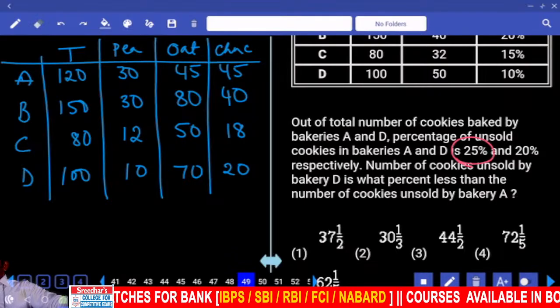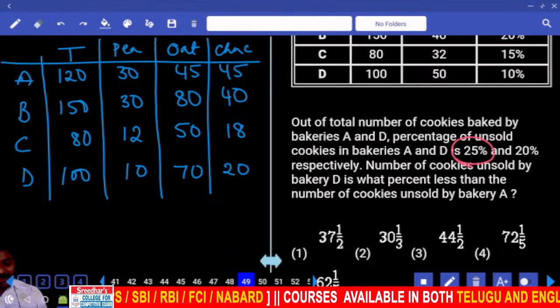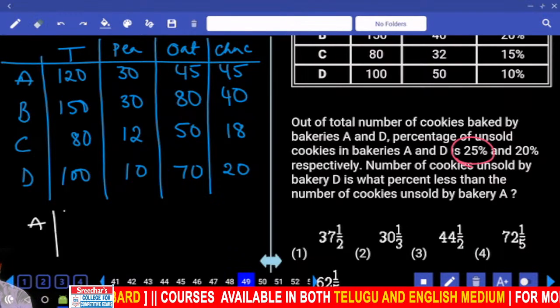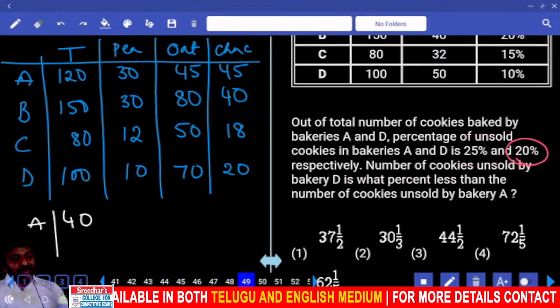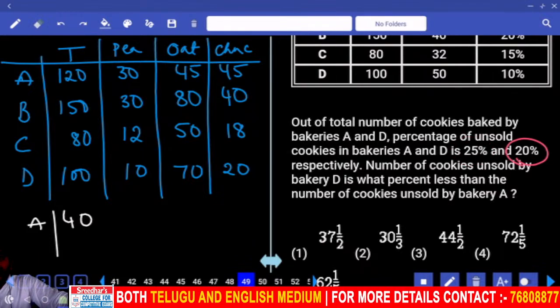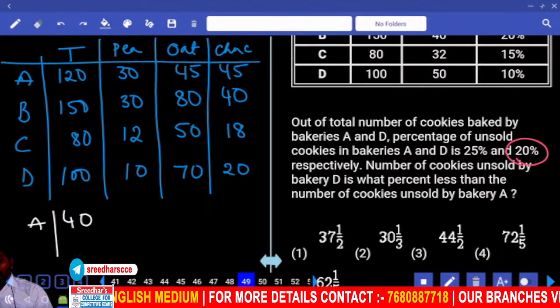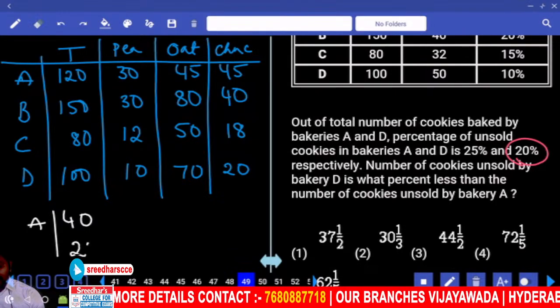Sold to unsold ratio 3:1. 3 parts, 120. Then in A, unsold are 1 part, which is 40. In D, unsold are 20%, sold are 80. 80-20 ratio, 4:1. 4 parts is 100, 1 part 25.